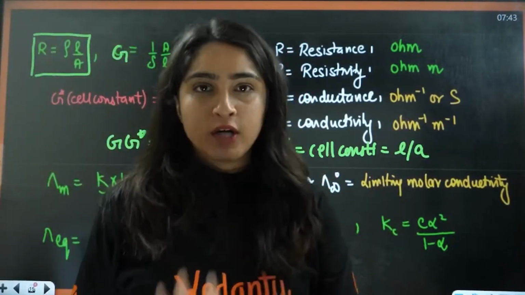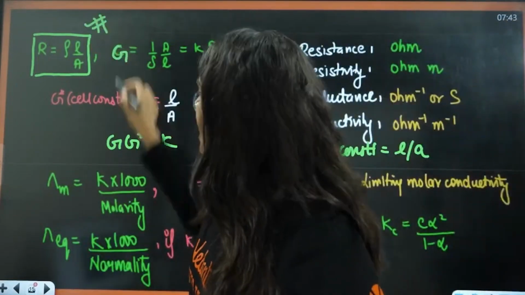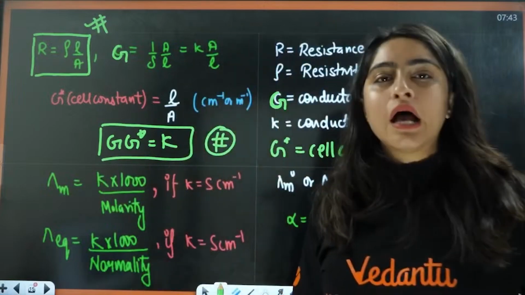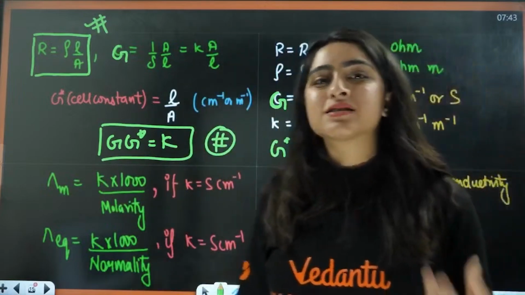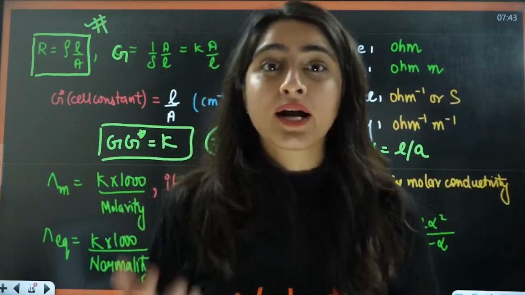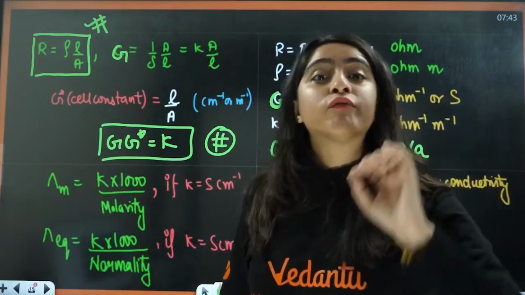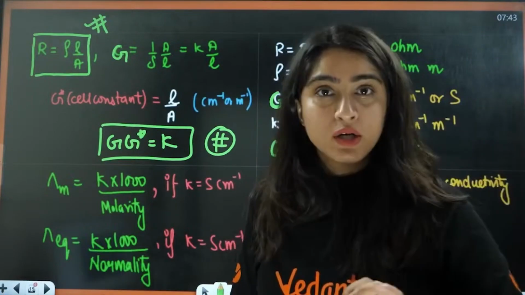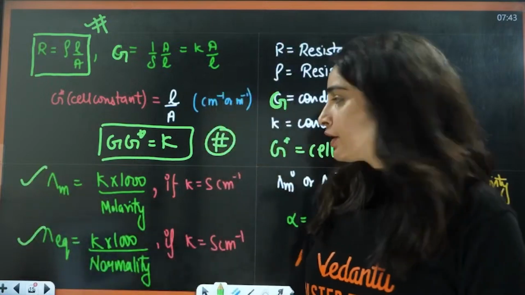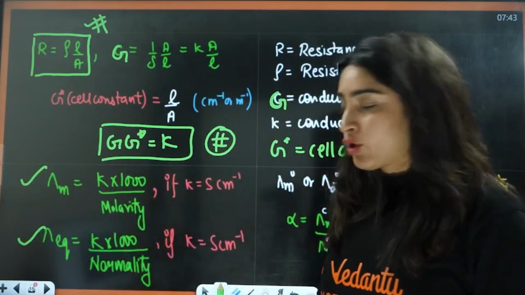If you know these four terms, how to denote the symbols, and you remember this formula, things will be sorted. Kappa is the conductivity for unit volume. Molar conductivity and equivalent conductivity are for one molar and one normal solution, equal to kappa into 1000 by molarity, and kappa into 1000 by normality.